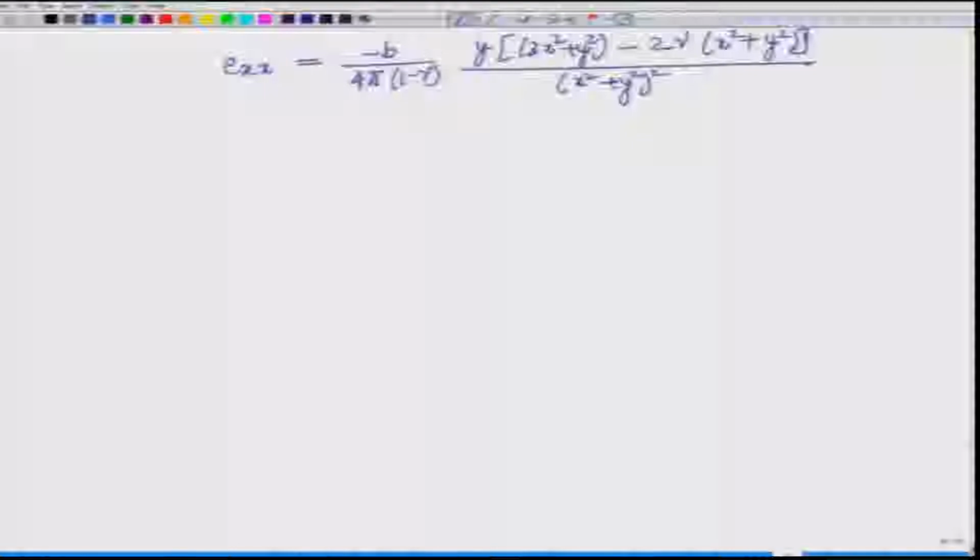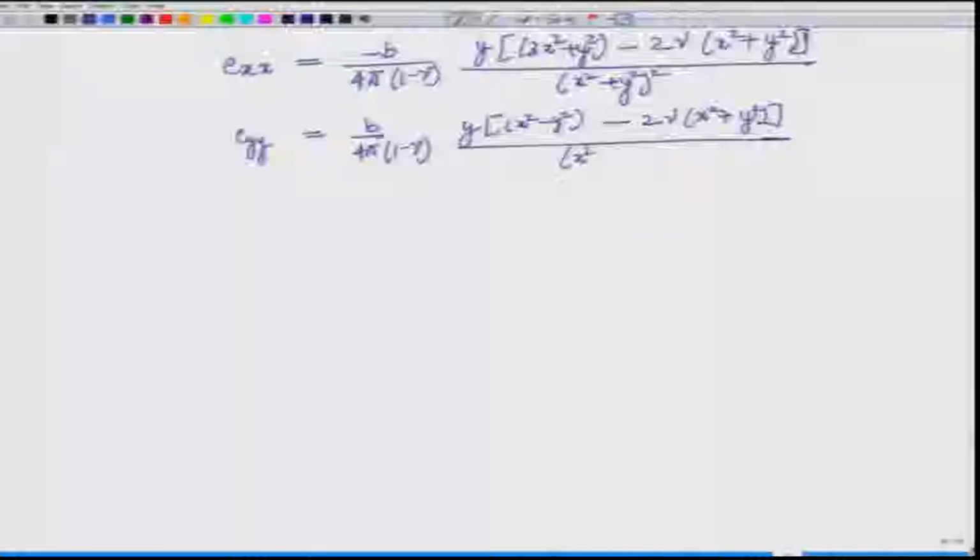So, there is a strain in the x x direction which is expected, then there is also strain in the y y direction, and then there is the shear strain in the x y direction.